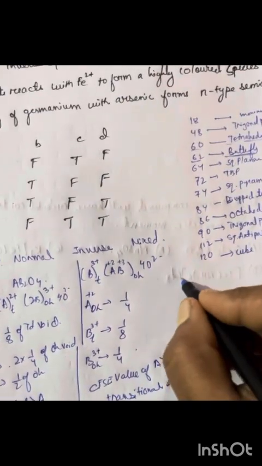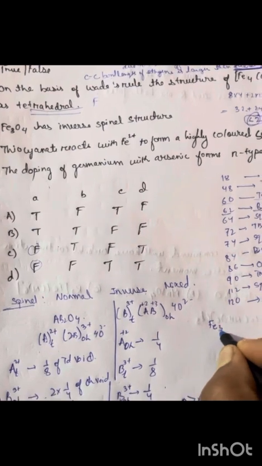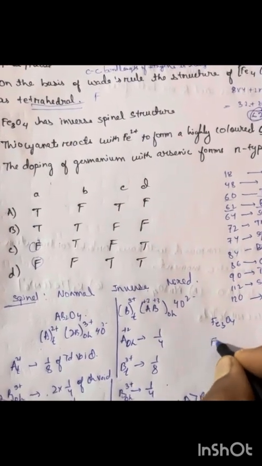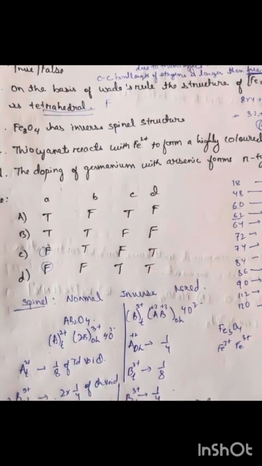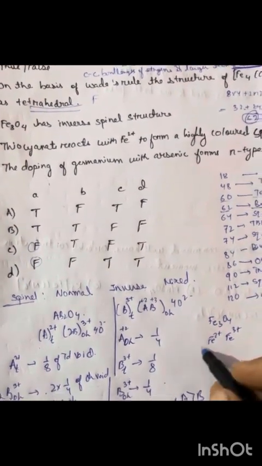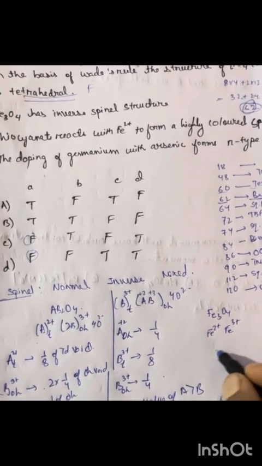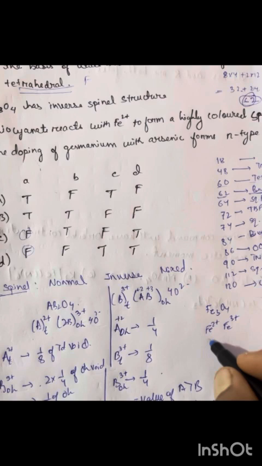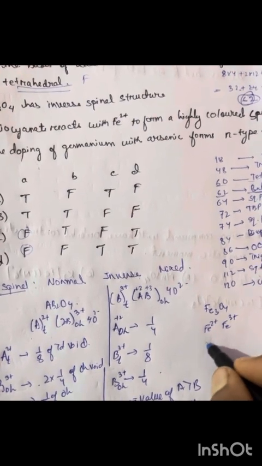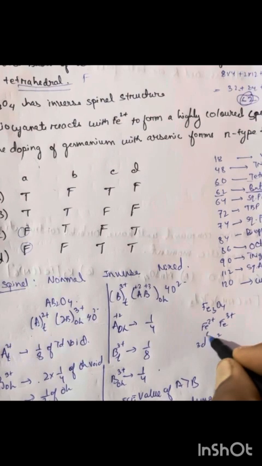Now in our question, Fe3O4 is given. It means one is Fe 2 plus, the other is Fe 3 plus, right? You have to consider one is 2 plus, one is 3 plus. You calculate the CFSE. Iron is 3d6 4s2, right?